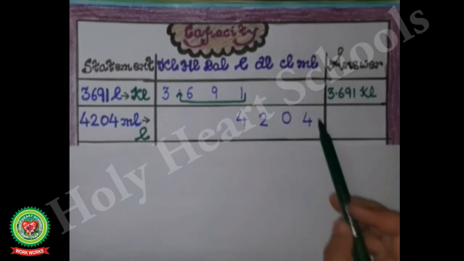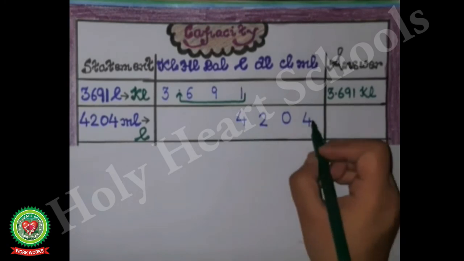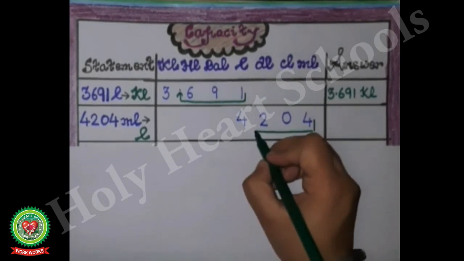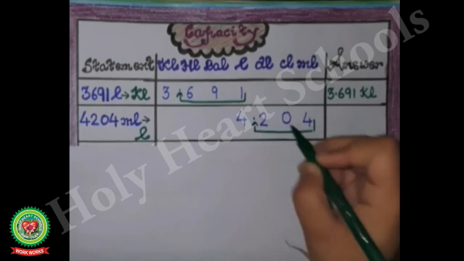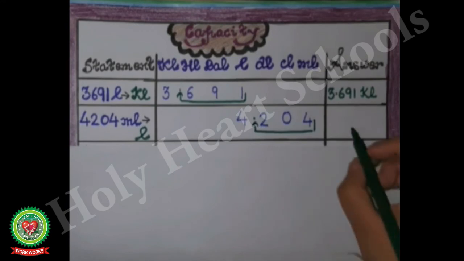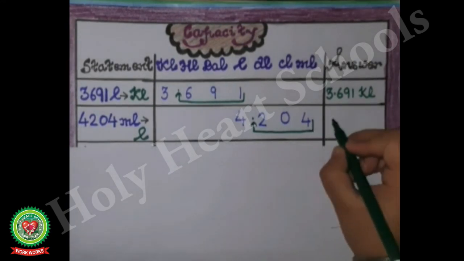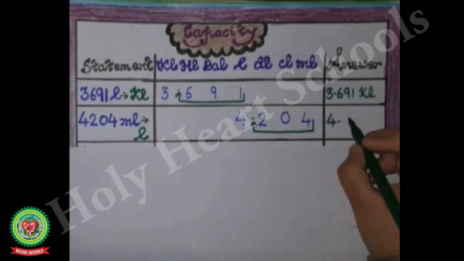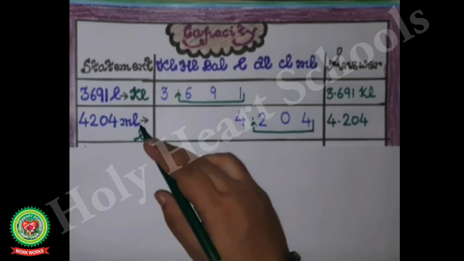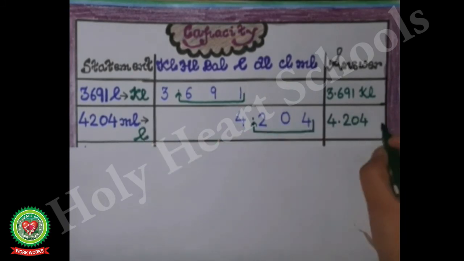Now we will move from milliliter towards liter. So that means after liter, in the second box, the decimal will come. So what is the answer? That is in liters. Students, the statement was given in milliliters. We have converted it into liters.